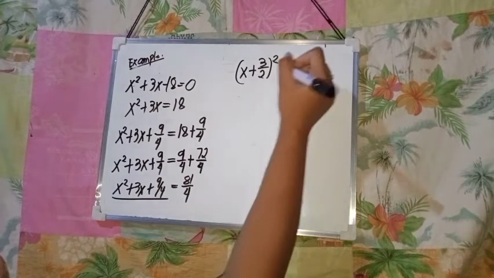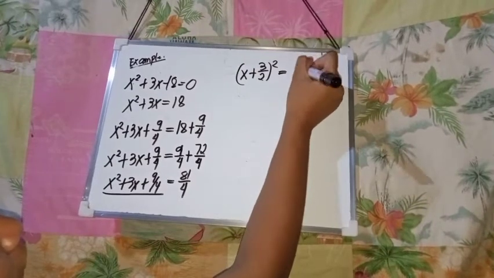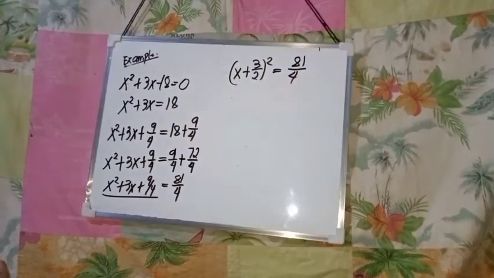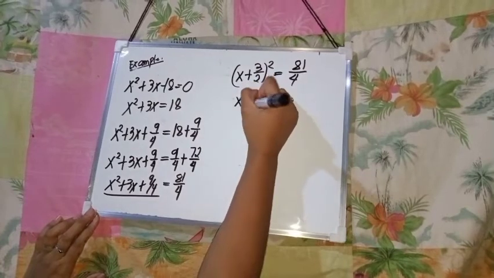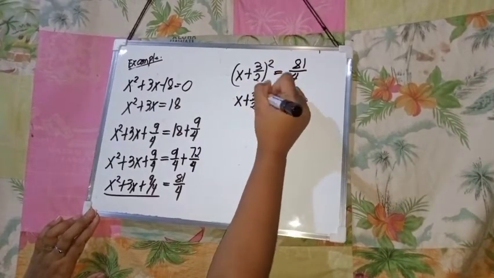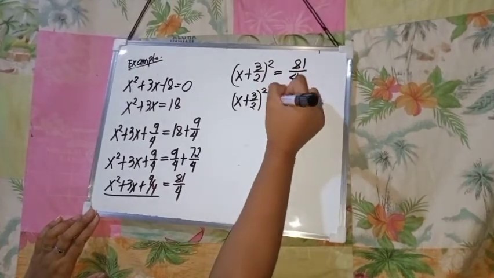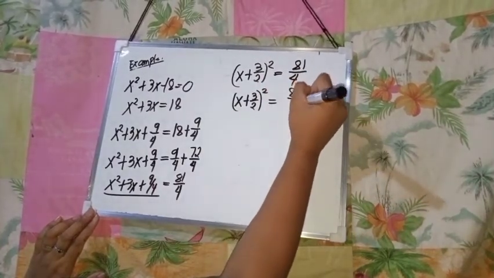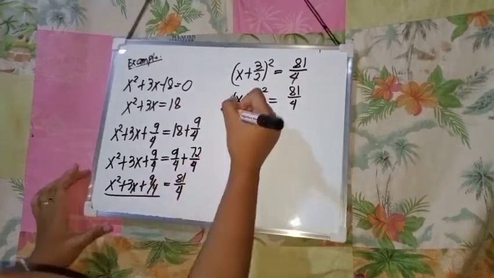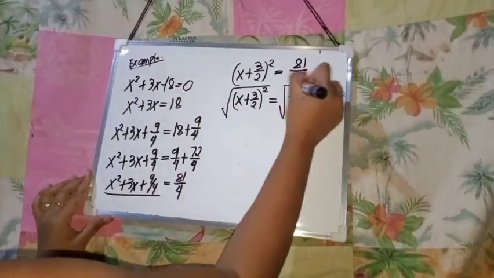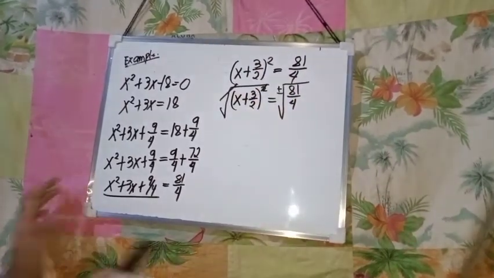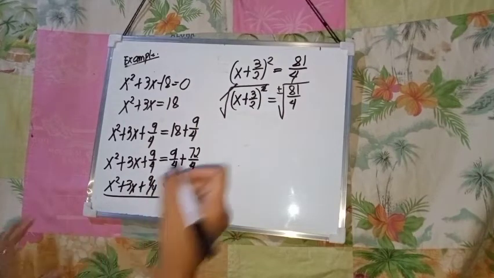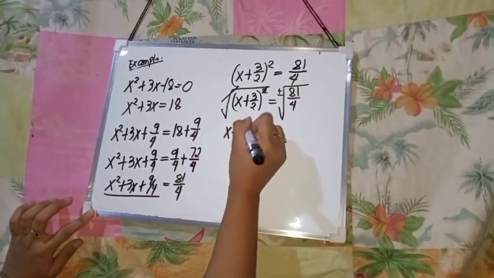So, equate it to 81 over 4. Earlier, I did not clearly tell how to get the square root of it. So, x plus 3 over 2 squared is equal to 81 over 4. So, we need to take their square root. The square and the square root cancel. So, earlier, we just used the easiest way. So, it will be x plus 3 over 2.